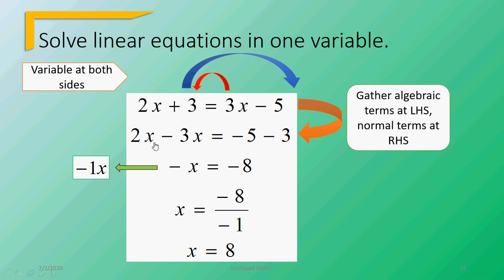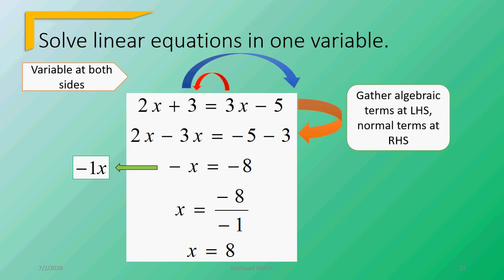negative 5 minus 3. Okay, so from here, you can use your previous knowledge on addition and subtraction of algebraic terms in chapter 5. If you have 2x minus 3x, they are like terms, so you can just subtract their numbers. So 2 minus 3 will be negative 1.